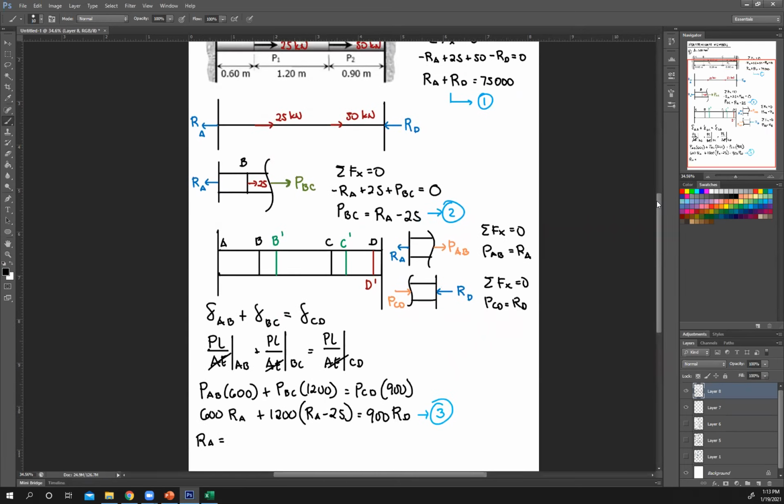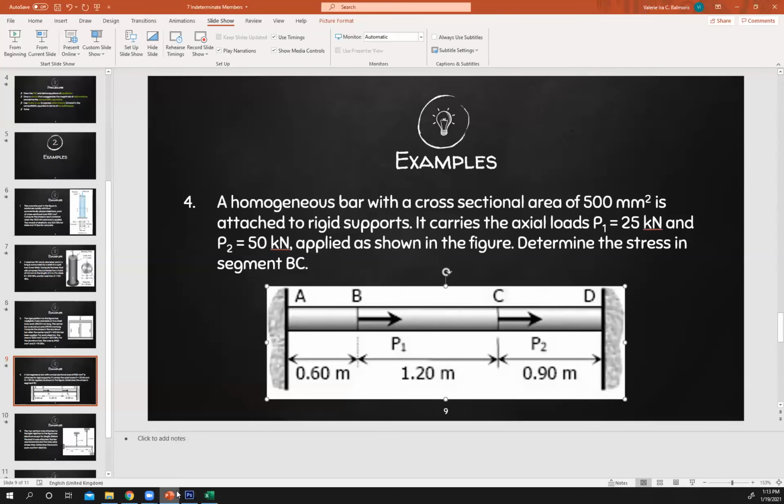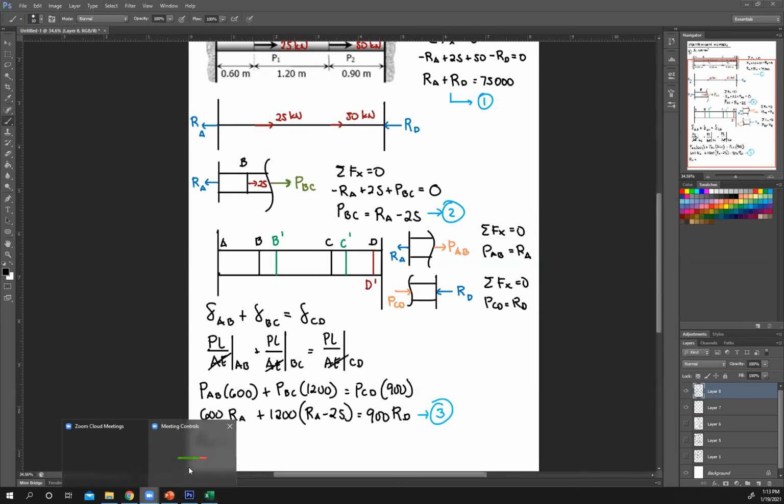Or if you want, you can write RD equals 75,000 minus RA, and substitute that here to solve for RA. Or again, you can just use simultaneous equations on your calculator. And the first number, what's the answer?